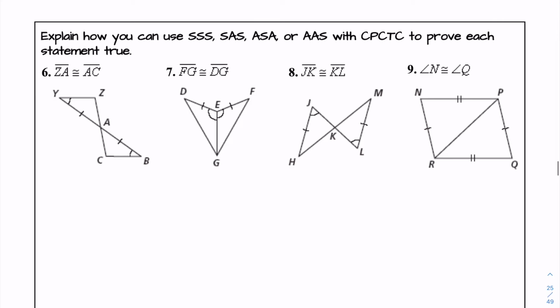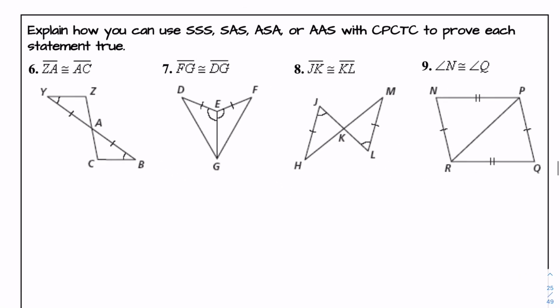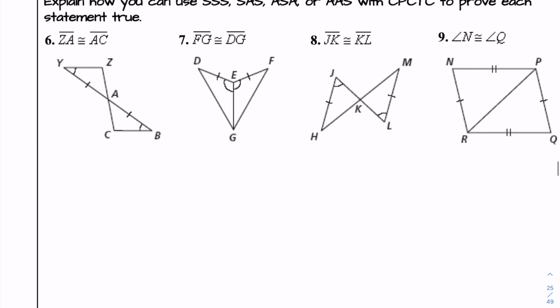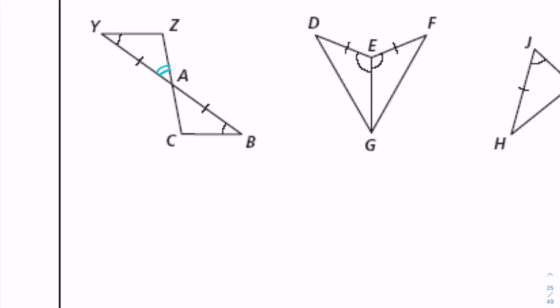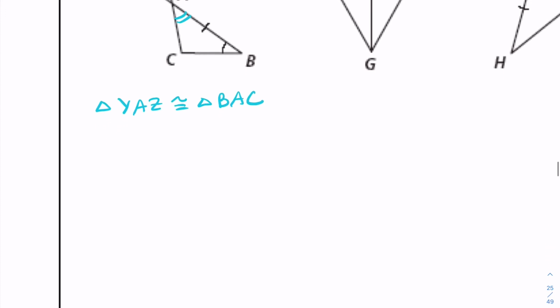All right, 4 more. We're still going strong here. We got vertical angles right here. So, triangle YAZ is congruent to triangle BAC by the angle side angle postulate.